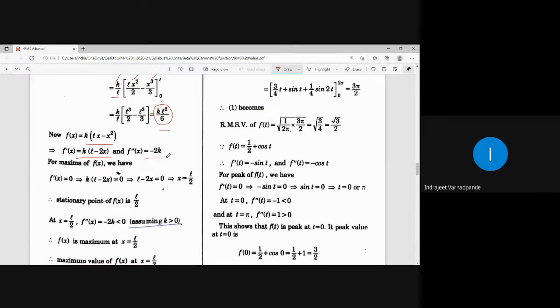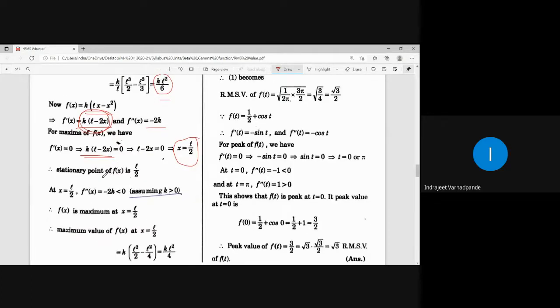But at what point? That point can be calculated by equating f dash of x equal to 0. So f dash of x, which I have obtained as k into L minus 2x, is equal to 0. x comes out to be L by 2. So we find the maximum at the point L by 2, where the second derivative is negative, that is less than 0.